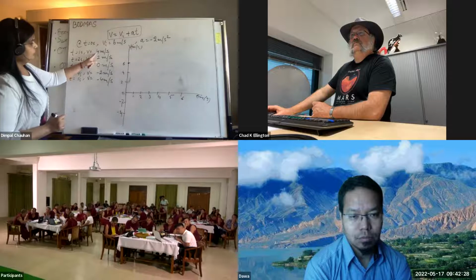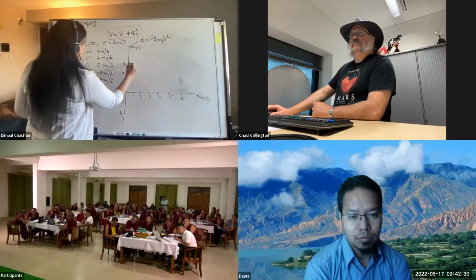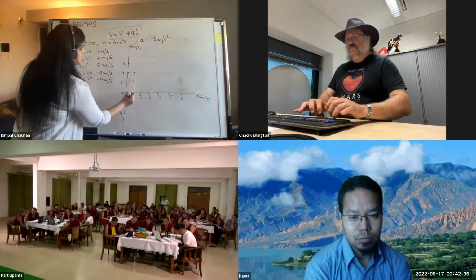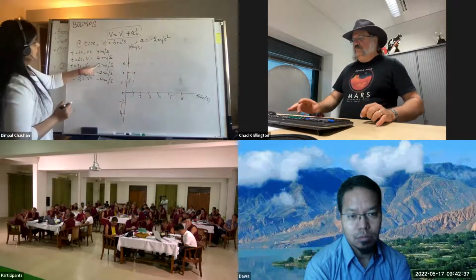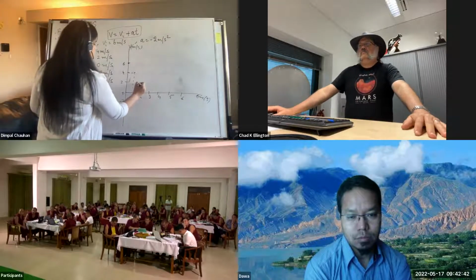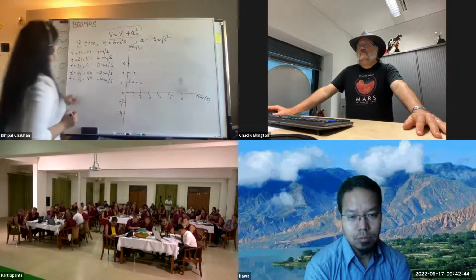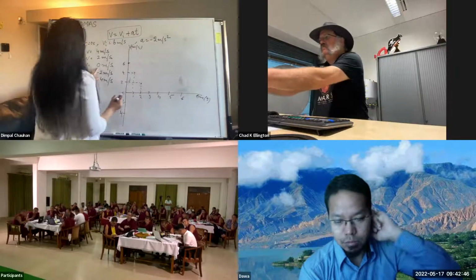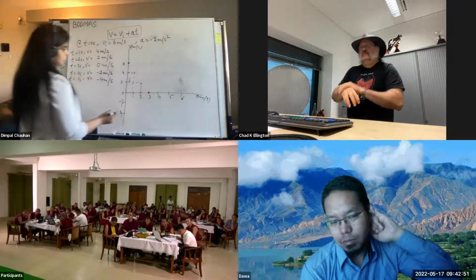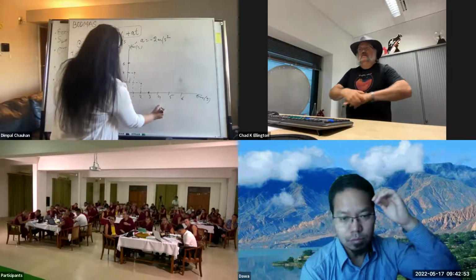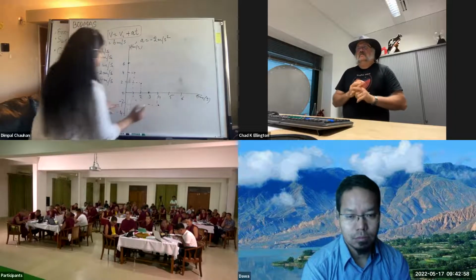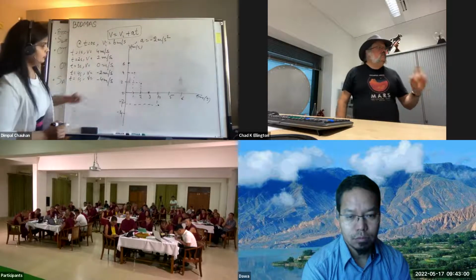And then it became 4 at 1 second, if you can see here. And then it became 2 meter per second. Then it became 0 at 3 seconds, which is here. Then it became -2 at 4, which is this. -2. And then -4 at 5 seconds.